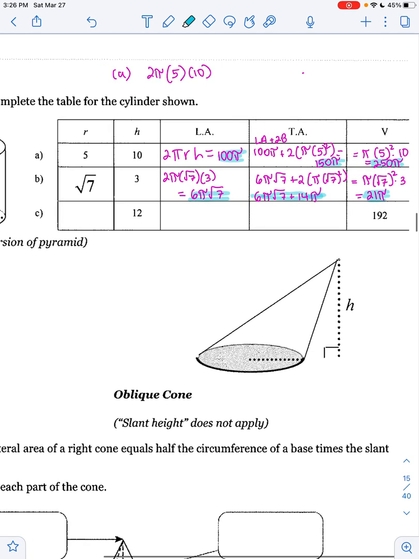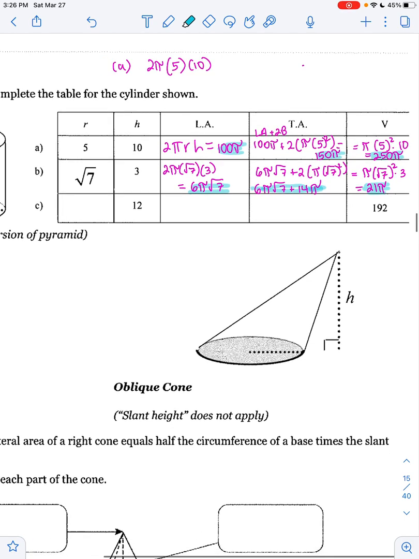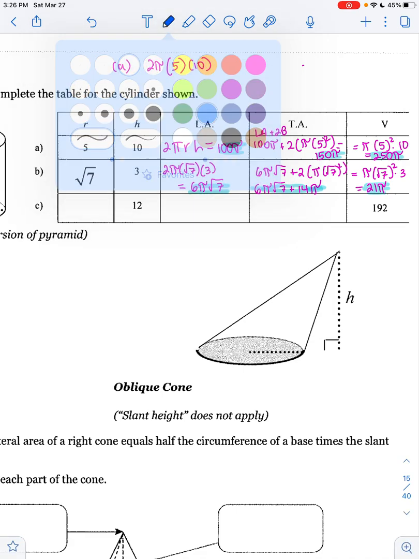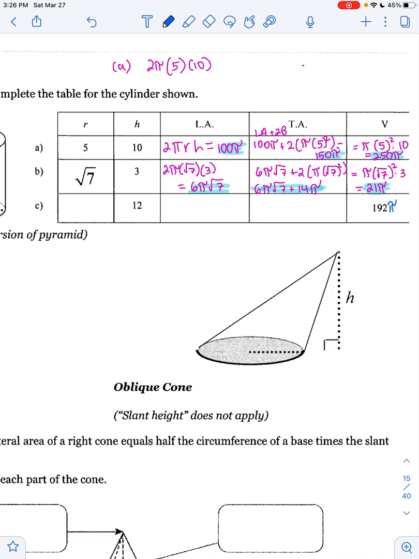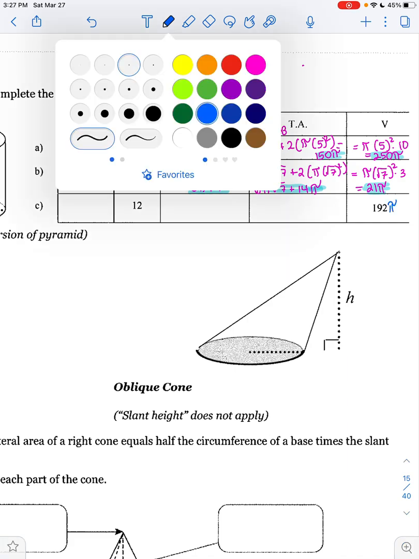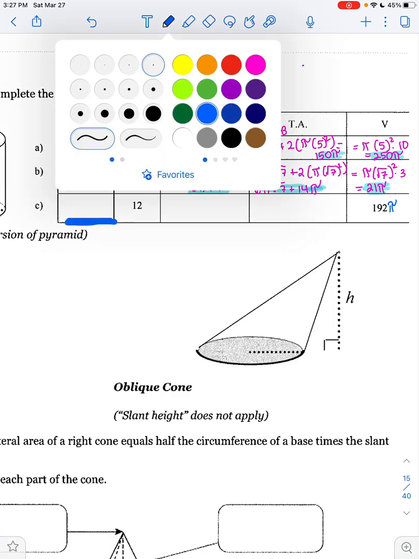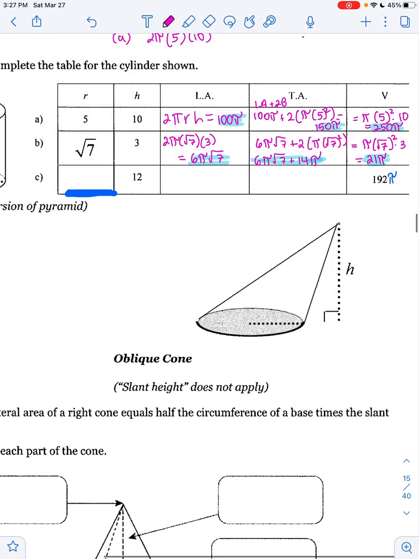So let's see what happens when we're given volume and we have to work backwards. I believe there's a pi missing from here, so in blue, I'm going to write 192 pi. Anytime you're given something where you have to solve back for something that should have been given to us at the start, the radius wasn't given and we want to solve for that, let's go ahead and work backwards. So 192 pi is my volume.